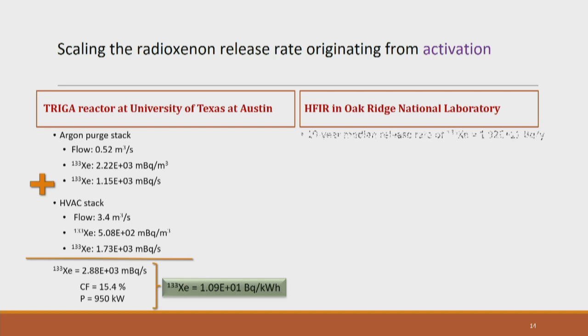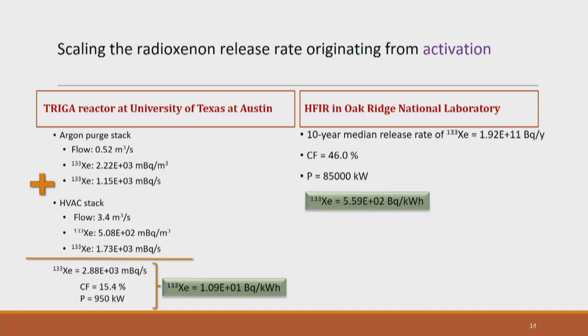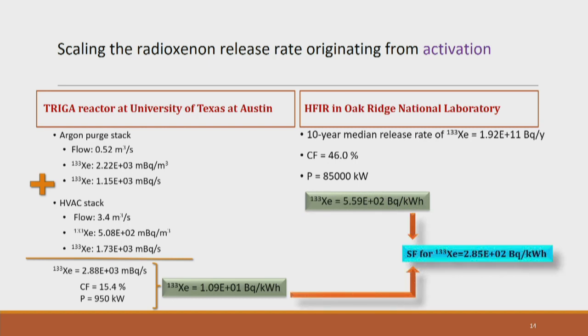For the HFIR reactor, we have a 10-year median release rate of xenon-133. Here also, by considering capacity factor and the power, we have the scaling factor for this reactor, and the average of these 2 values gives us the scaling factor for xenon-133.